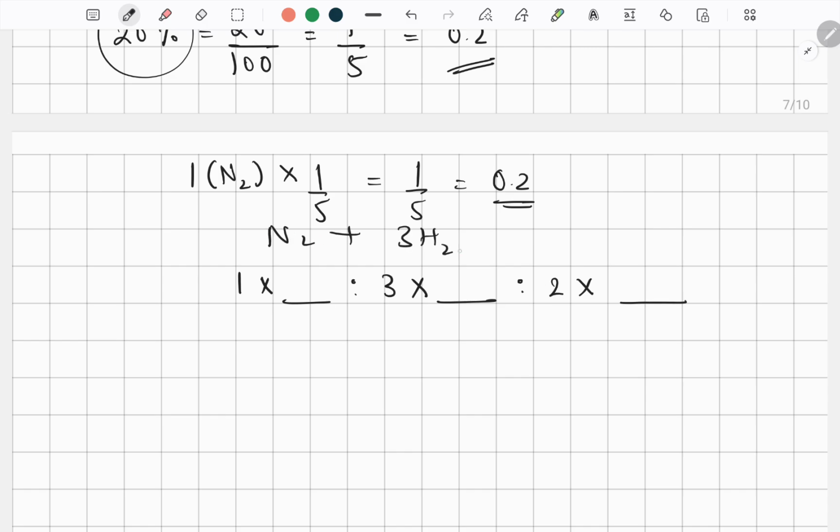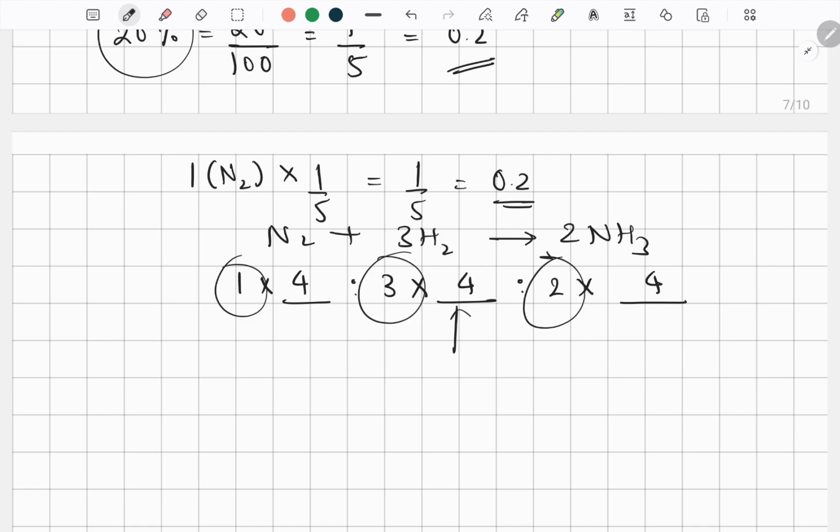N2 plus 3H2 gives you 2NH3. These ratios are not going to change. If you take 4 over here, it's going to come 4 over here and 4 over here. That is 4 volume plus, sorry, 12 volume would give you 8 volumes of ammonia. That means these are the ratios and the volume is going to be the same for everyone.